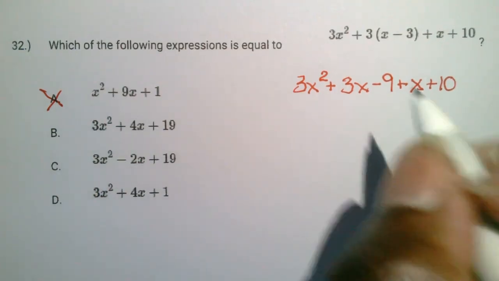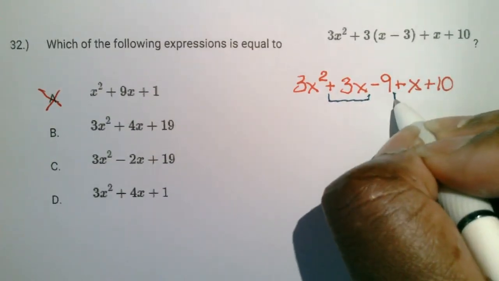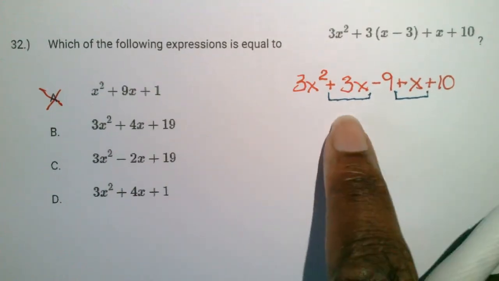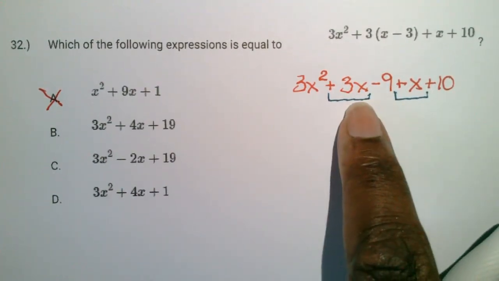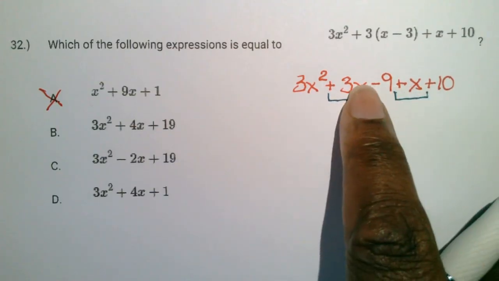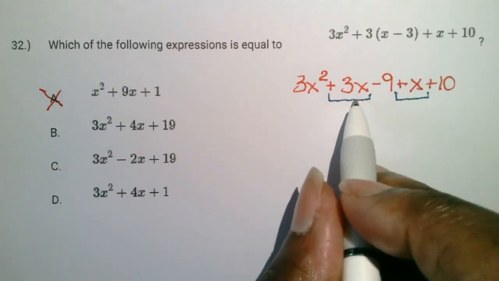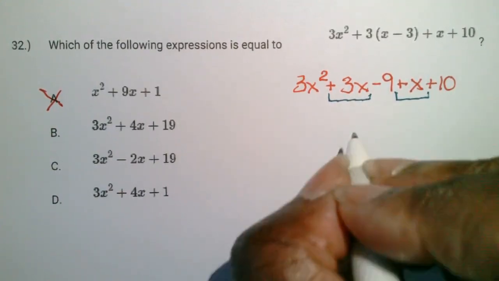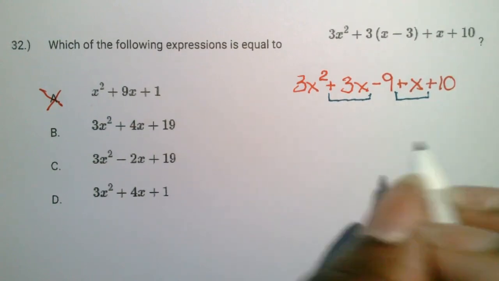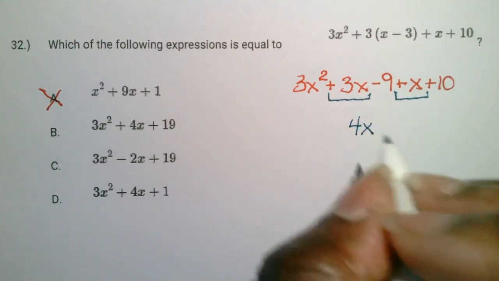My positive 3x and my positive x are like terms because they have the same variable of x, as well as the same exponents or degrees. If I combine 3x and x, that x has a 1 in front of it, so that will give me 4x.